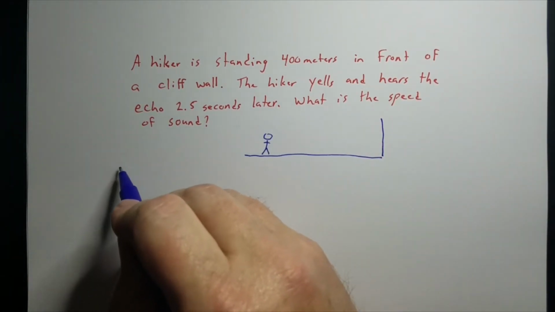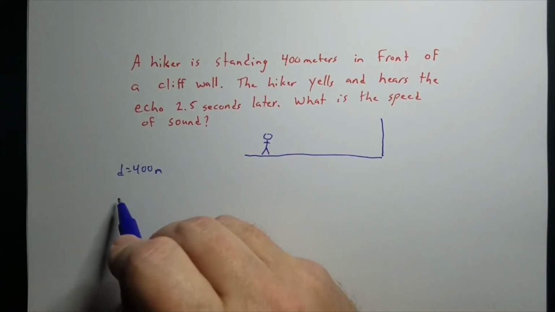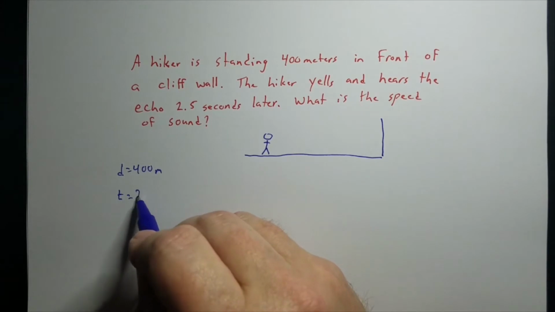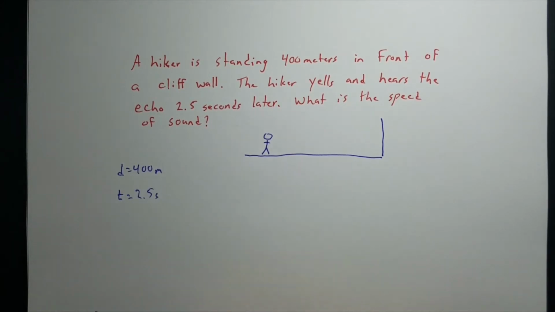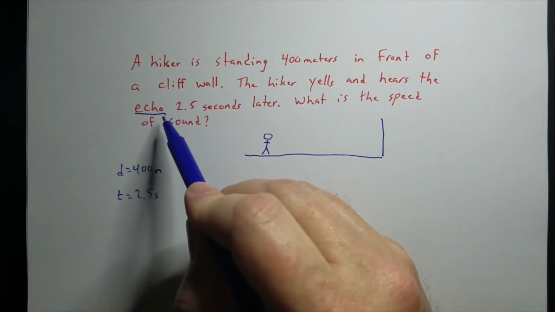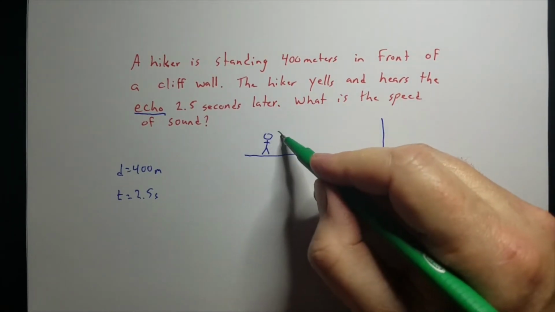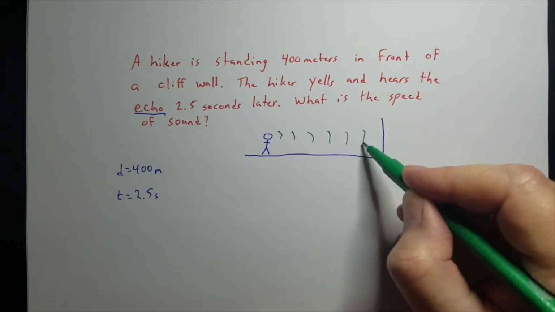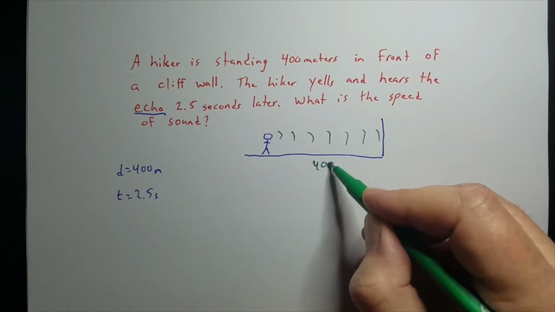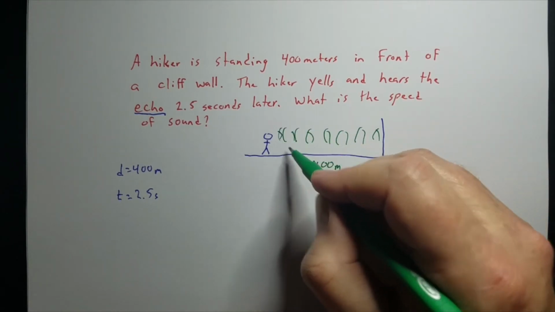So our distance was 400 meters, and we had a time of 2.5 seconds. But here's the thing. It echoes. So that means the sound had to go out to the wall, 400 meters away, and then come back for him to hear it.